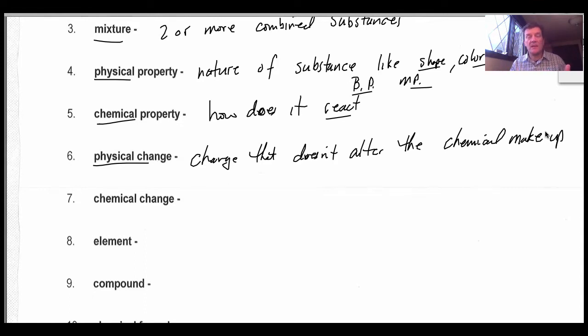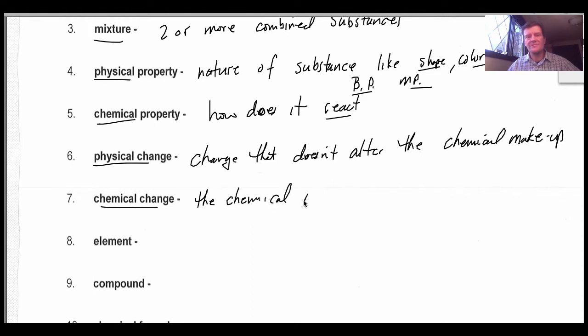That's why, for example, if you take water and you boil it and it turns into water vapor, it's still water, it's still the same formula, it's still H2O, it's just in a different phase. That's just a physical change, okay? Or if you take a piece of paper and just rip it, it's still paper, different shape, different sizes, but it's still paper.